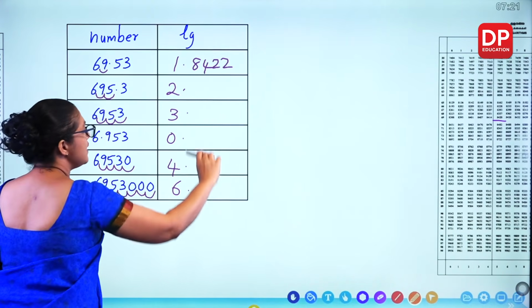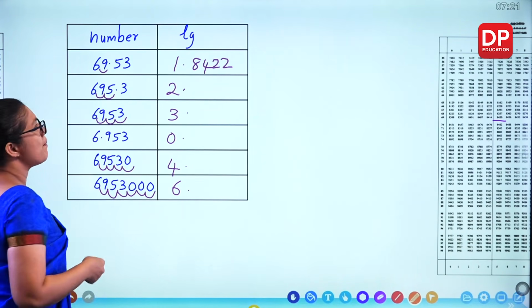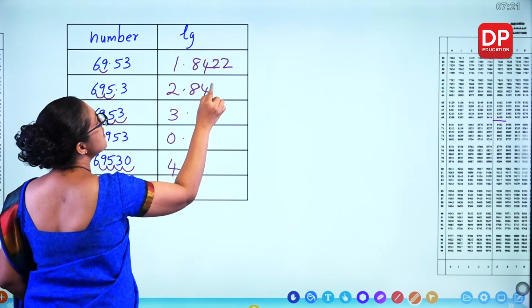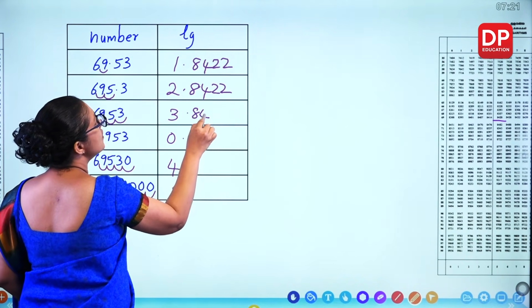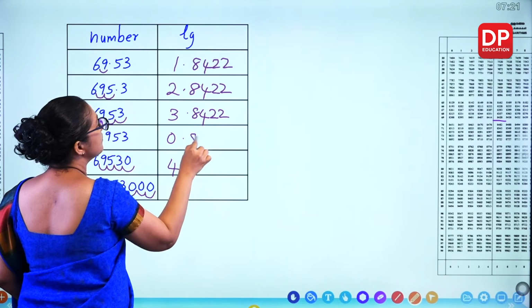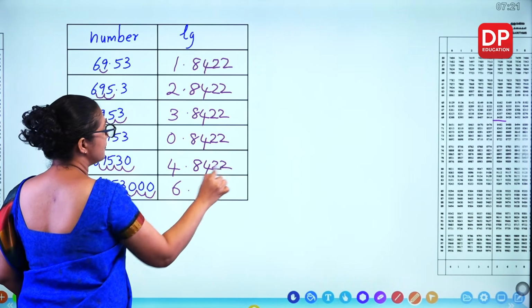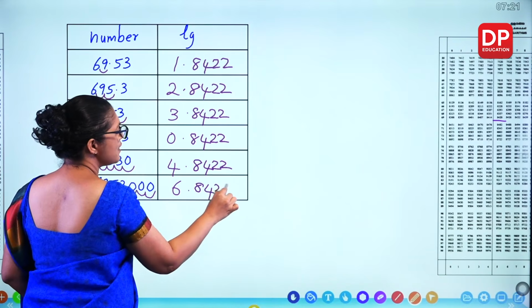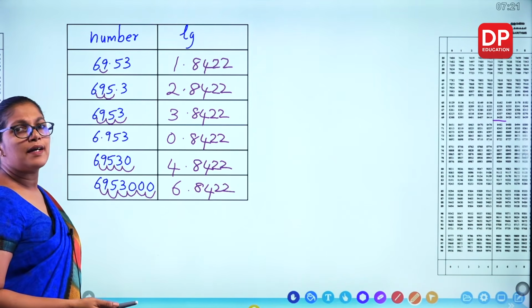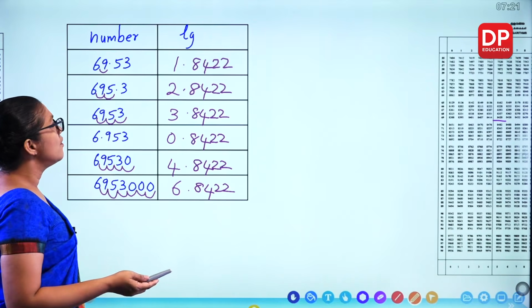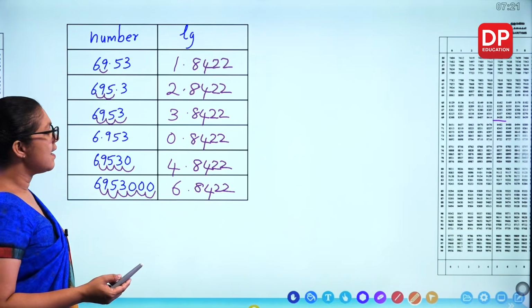So all these values, the same number you have to refer from the table, and you get the same mantissa value. Now it's easy to refer the table. Look at the power, that becomes the characteristic. Look at the table and get the mantissa value.